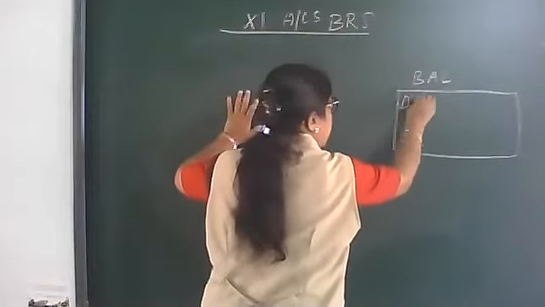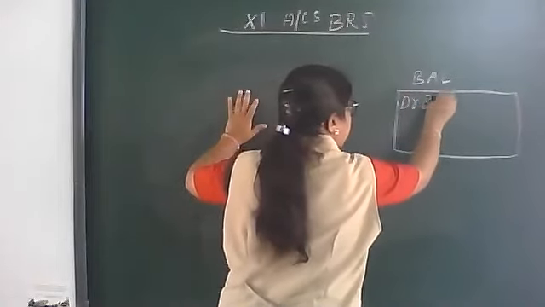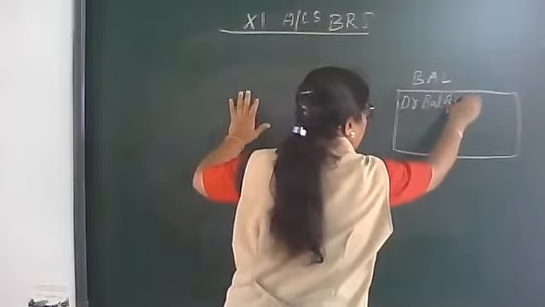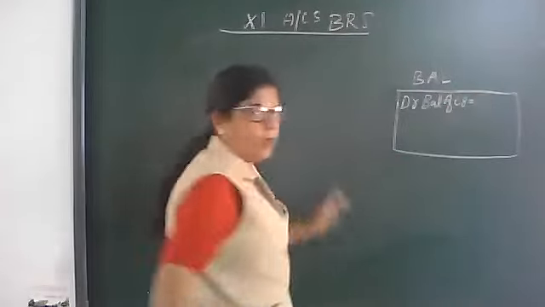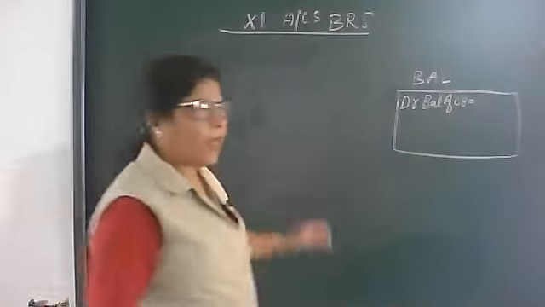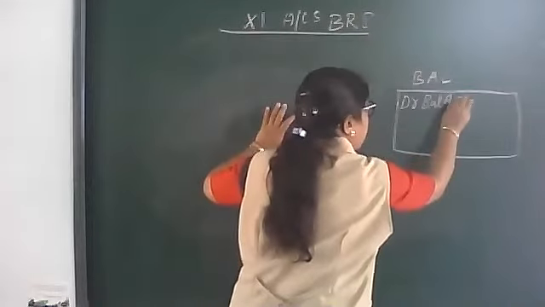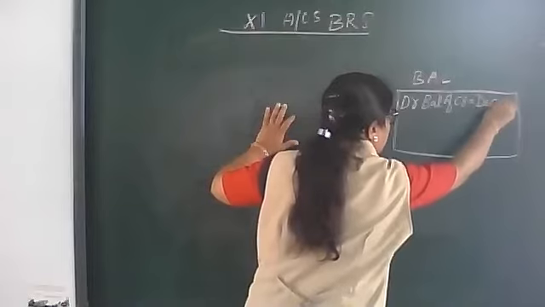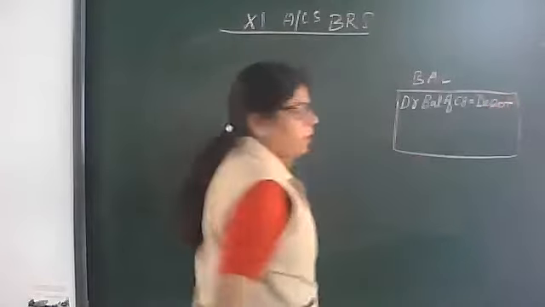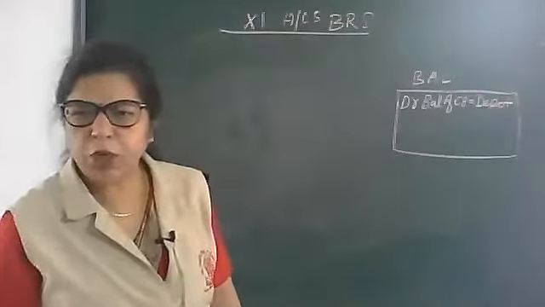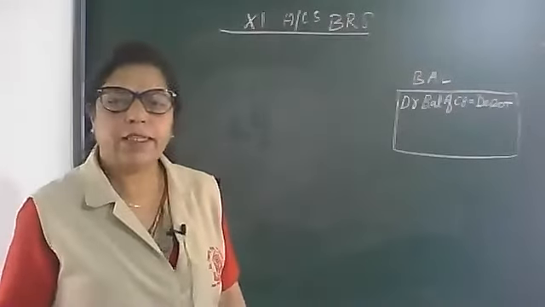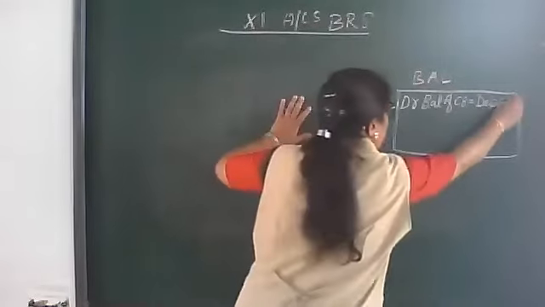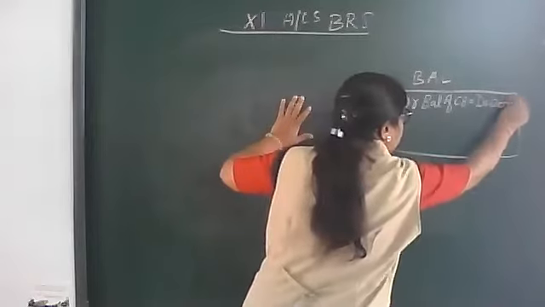Debit balance of CB. Debit balance of cash book shows a positive balance. We can say it is a deposit, plus, a favorable balance.